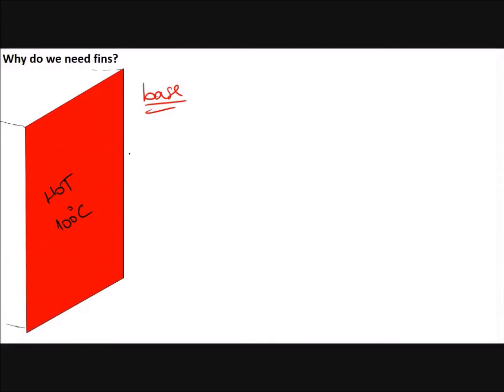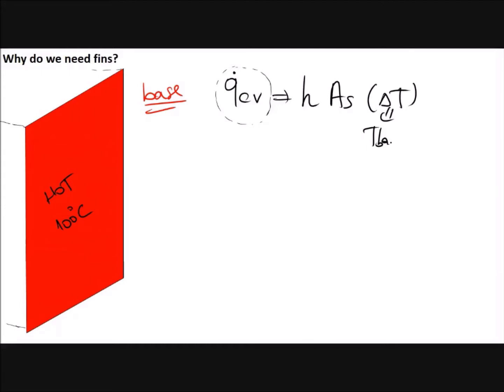To cool that surface, you will need convection. There is also radiation, but here we are dealing with convection, assuming that convection is more than the radiation, or that the convection coefficient combines the effects of the radiation. If it is convection, you will have h, you will have A_s, and you will have delta T. Delta T is the temperature of the base minus the temperature of the environment.